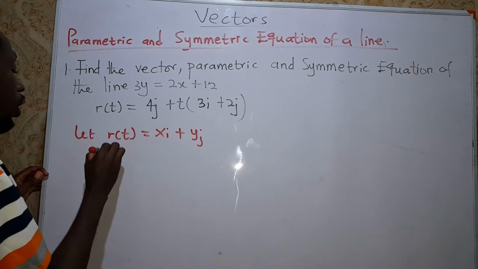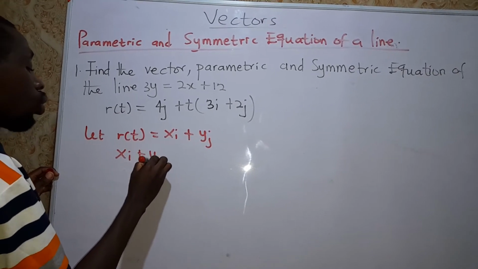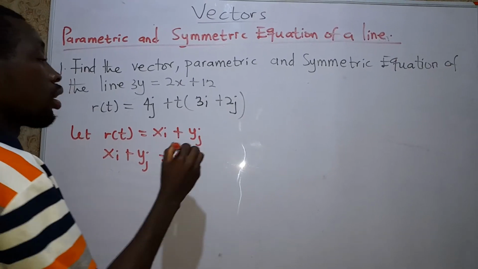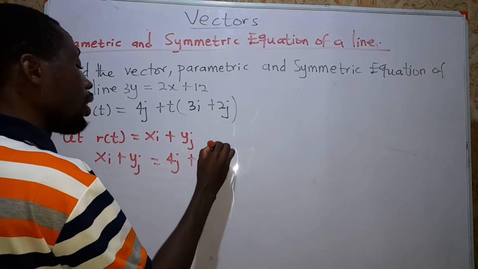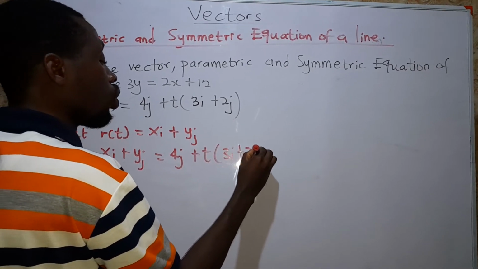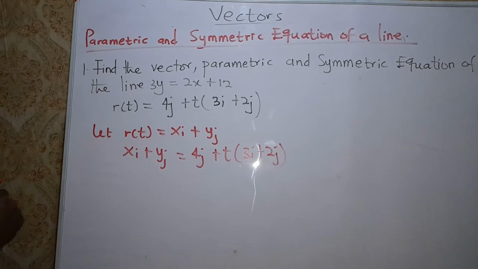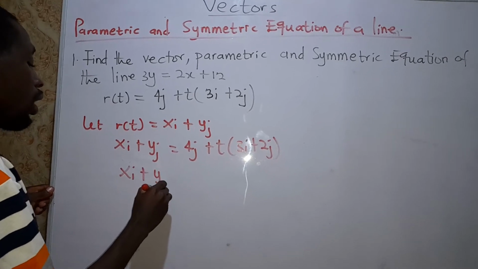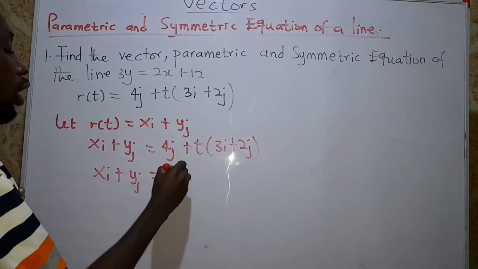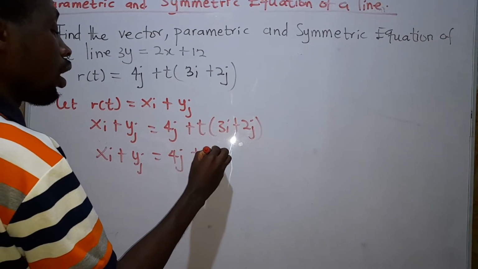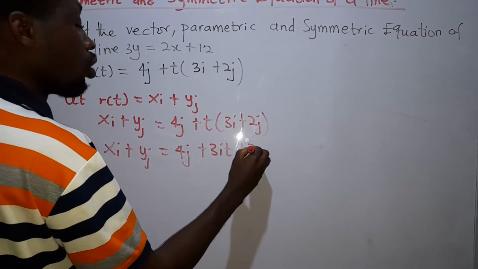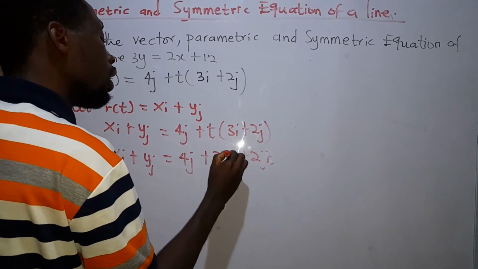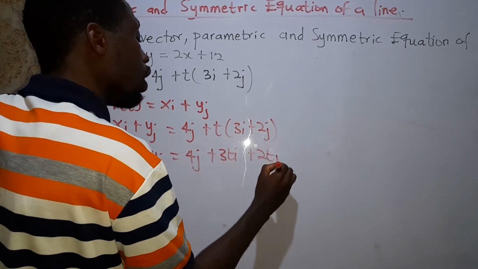So we can say xi plus yj will equal 4j plus t into bracket 3i plus 2j. So what do we have? We can expand this. We have xi plus yj equal to 4j plus 3ti plus 2tj.